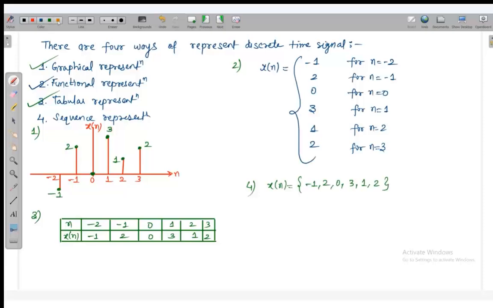To show n equal to 0, we mark this arrow. This shows the origin. The upward arrow mark denotes n equal to 0. When no mark is indicated, then by default the first term corresponds to n equal to 0.